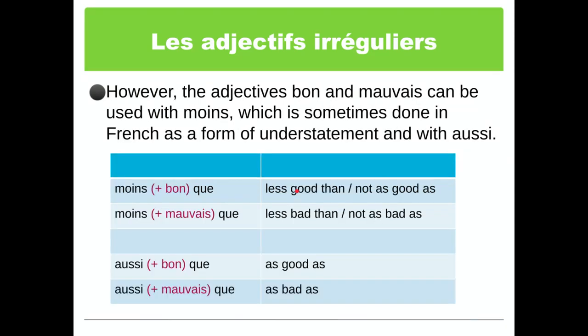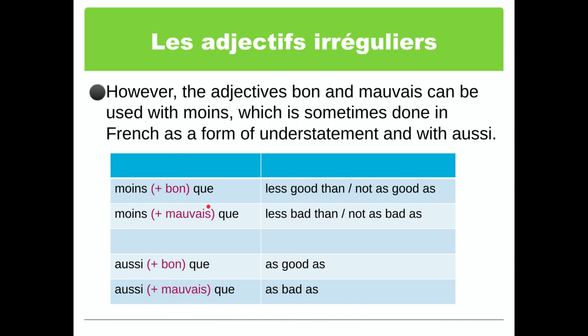When you're talking about bon and mauvais, you can use it with moins, which is more of a form of an understatement. So like, oh, it's not as good as. So you could say, oh, Italian is not as good as French. So you'd say moins bon que or moins mauvais que.